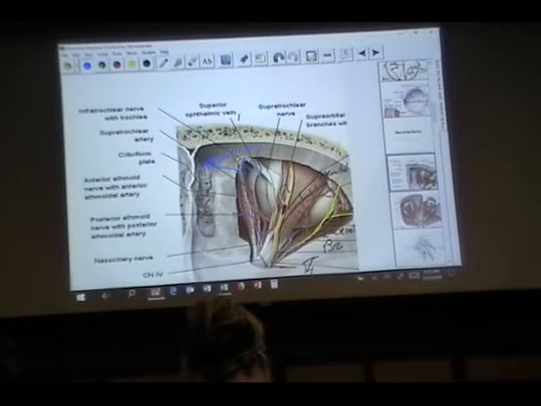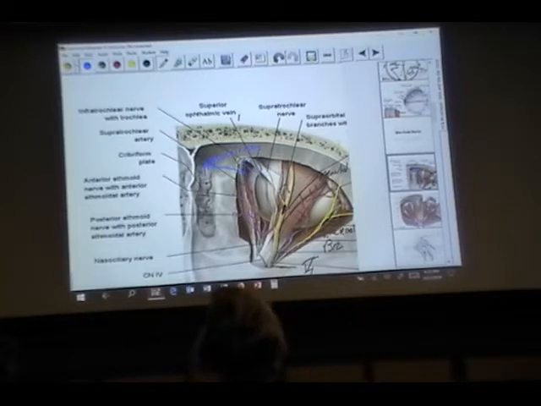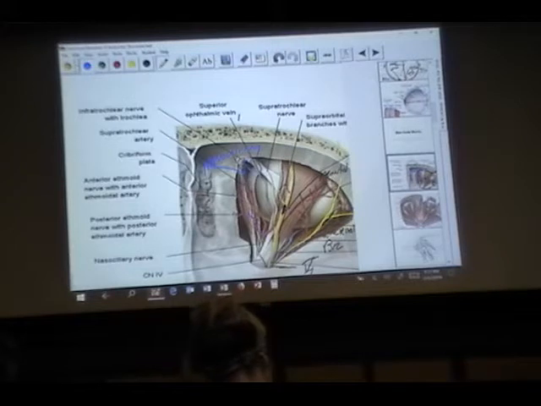Okay. So they're traveling through the orbit. Now remember, they're sensory. They are receiving information. Even though you see in a lot of textbooks they say, well, these are the branches, yes, they're the branches, but they're not carrying information out. These are carrying information in. These are sensory branches.